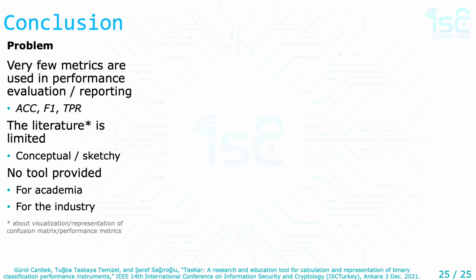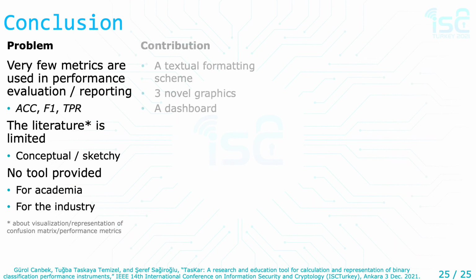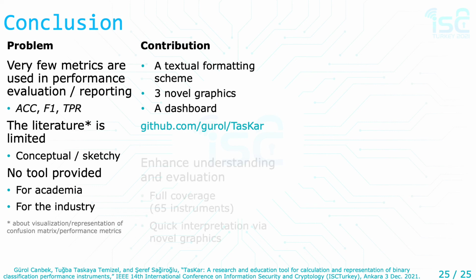Classification performance evaluation in terms of a large number of instrument alternatives is conceptually and practically problematic. This study provides well-defined, tangible solutions to enhance our understanding of the instruments and assist the individuals to see and interpret the complete results.